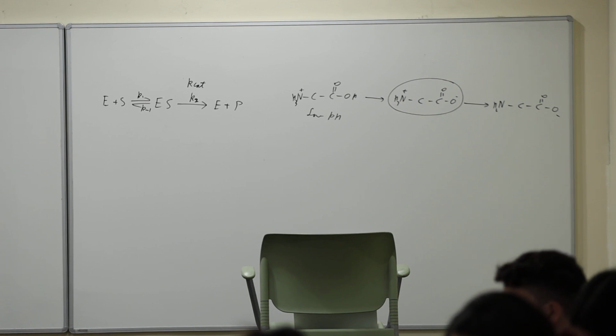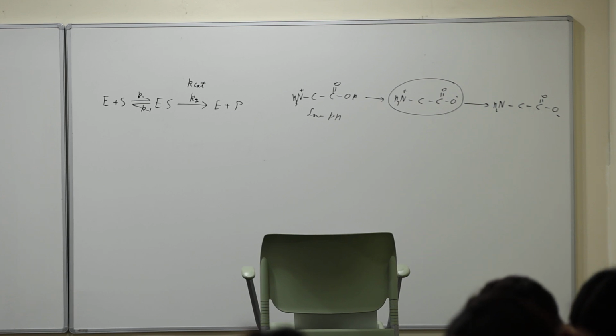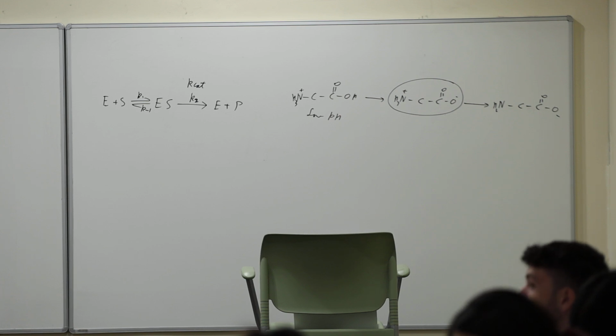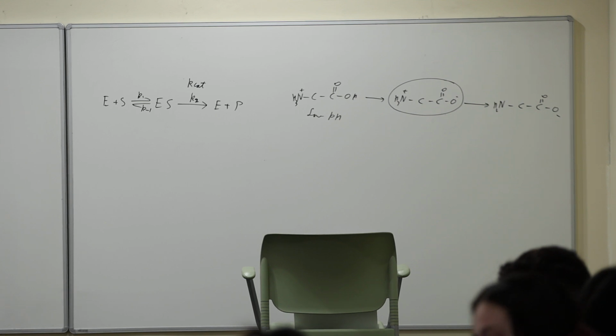So K1 is the rate of diffusion, and when K2 becomes the same as K1, those enzymes are called diffusion controlled enzymes. Or the enzyme may actually have a higher K2, but there's no help in having a higher K2, the rate will still be K1. That is the diffusion controlled enzyme.